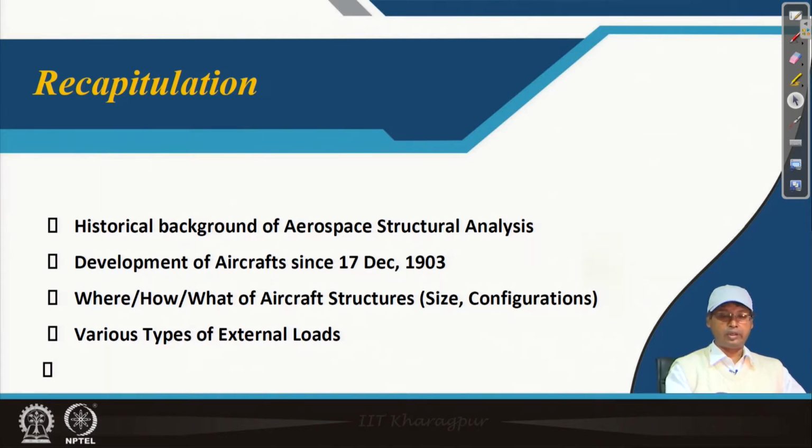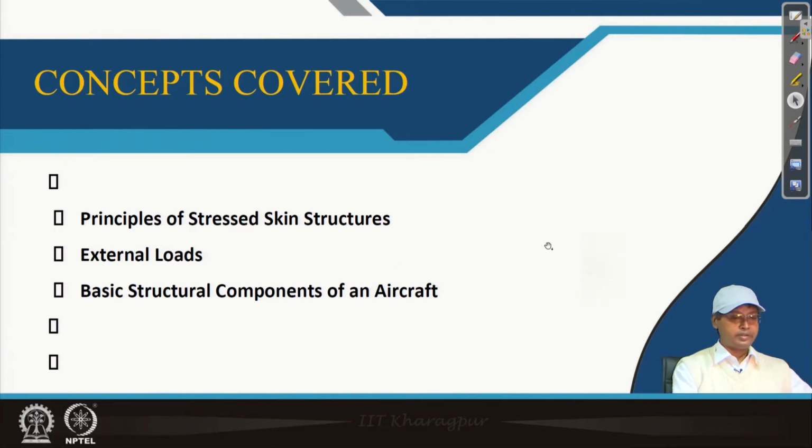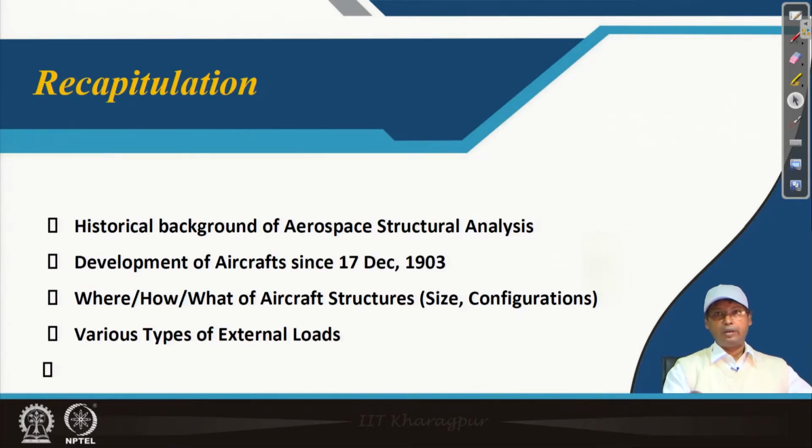We have covered the historical background of aerospace structural analysis, that is basically the history of solid mechanics, starting from the experiment of Leonardo da Vinci to maybe Coiter Donald cell theories, in between various others like Bernoulli, Timoshenko, Hooke, many others who contributed.